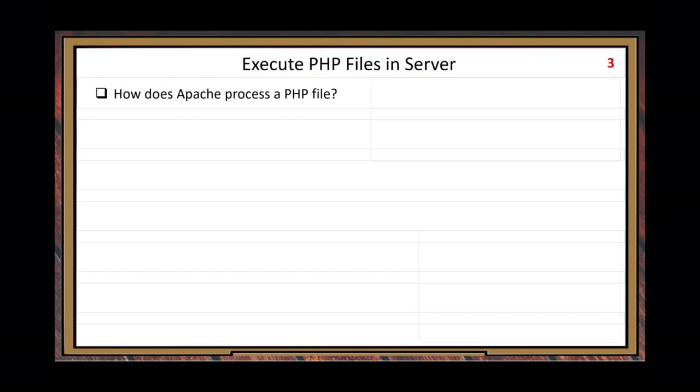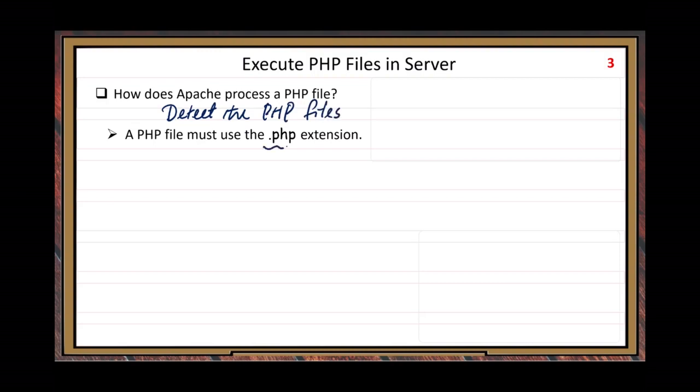Remember, we embed PHP code because first, the Apache server needs to detect the PHP files. But how does it do the detection? By the extension of the file. That's easy, right? If you do not use the PHP extension, then it won't be sent to the PHP engine.